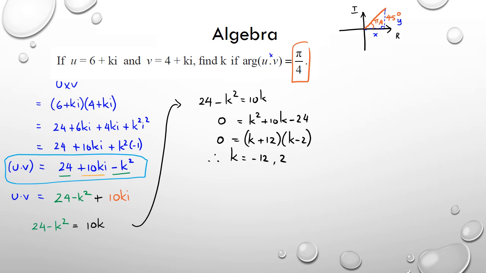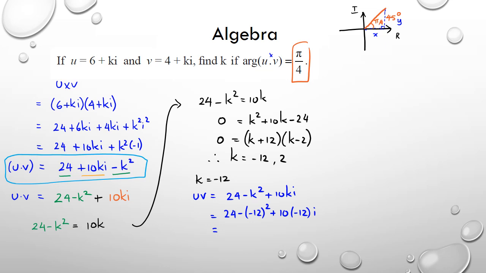So what I'm going to do is substitute k equals -12 first in uv and see whether it actually works out. Because u times v equals 24 minus k squared plus 10ki, when I substitute k in here, I get 24 minus -12 squared plus 10 times negative 12i.